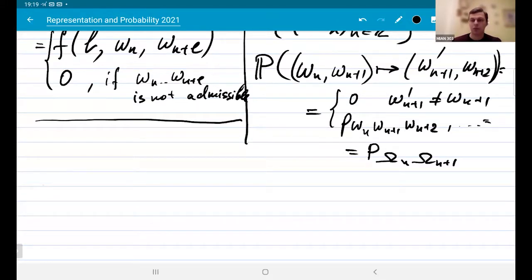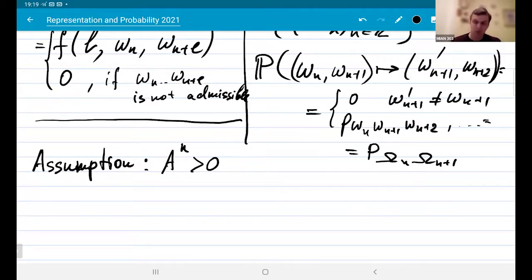In fact, to have this measure, we need the following assumption. Let me require a bit more than needed. I will require that there exists some n such that A to the n is positive.